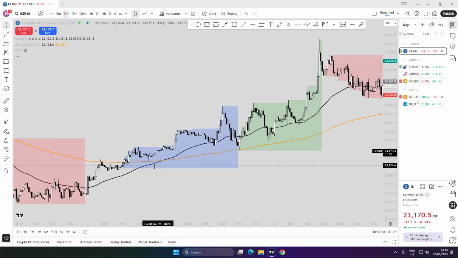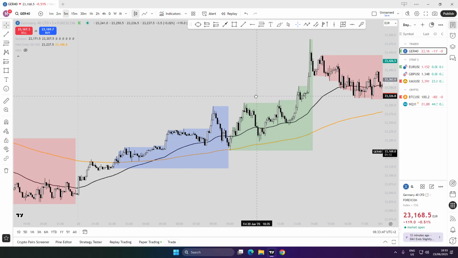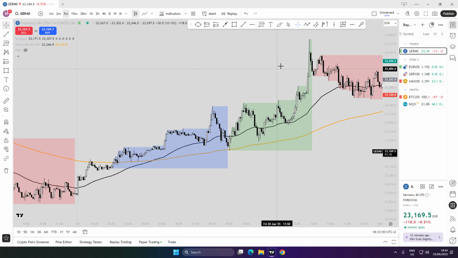Why? Because it crossed in the Asia, the 50 EMA is above the 200 EMA. Here we look for a breakout above here. So what could we do? This was actually valid to take.